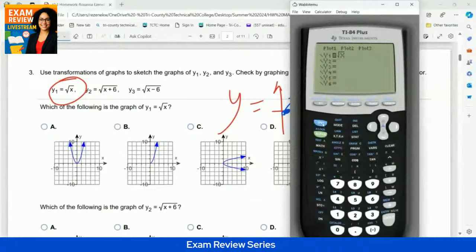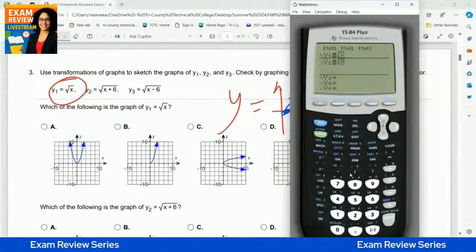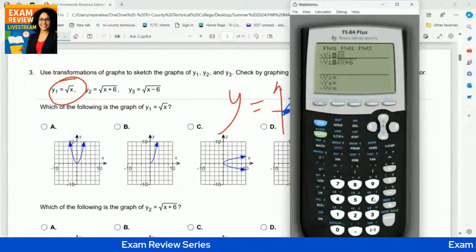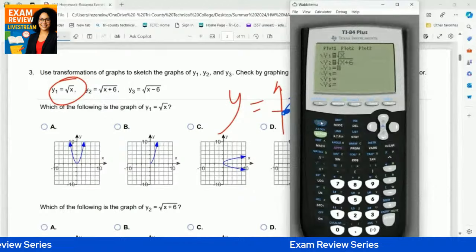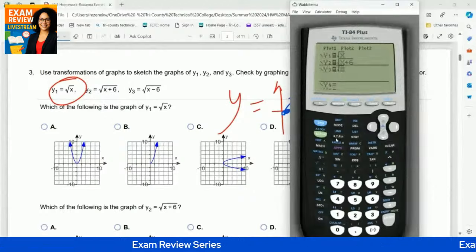So second square root x plus 6. And then the third one is second square root x minus 6. Remember to use this minus when you have more than 2 terms.